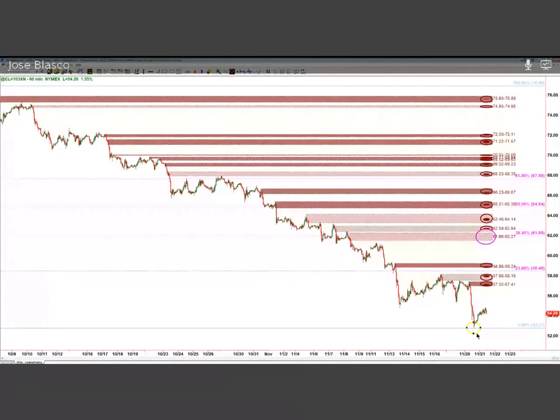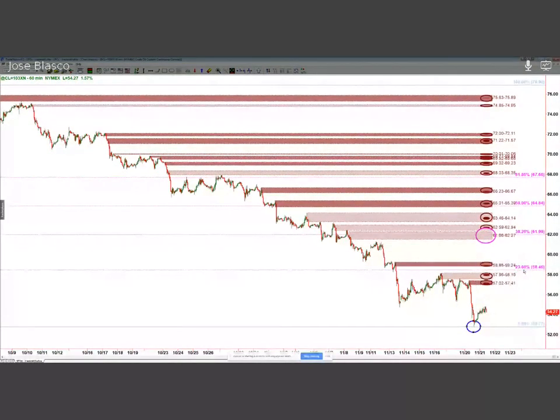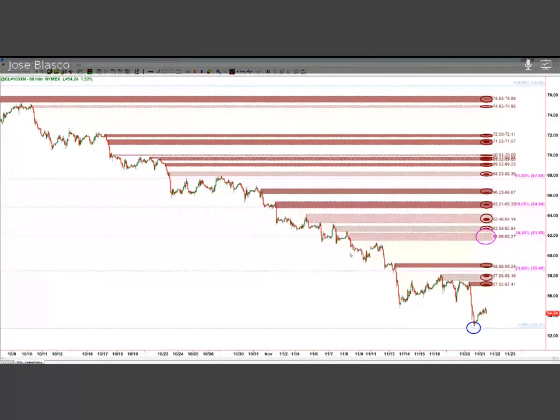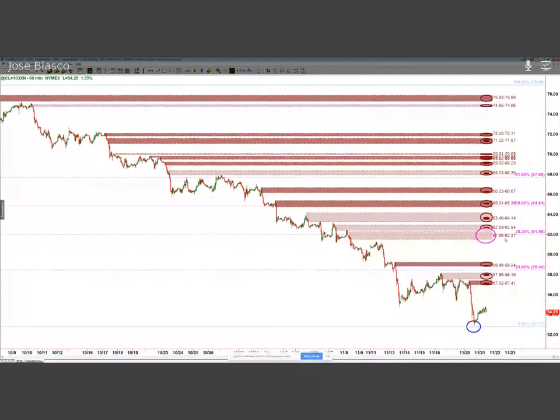No one knew that was going to happen. And because no one knew that was going to happen, then no one knew the 38% retracement line would be lining up with that UFO. You could not know that at that time. So at that time, what you knew is that you had on-field orders located between 61 and 62, more or less.